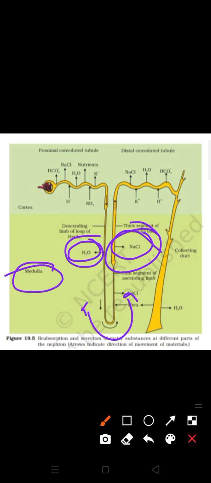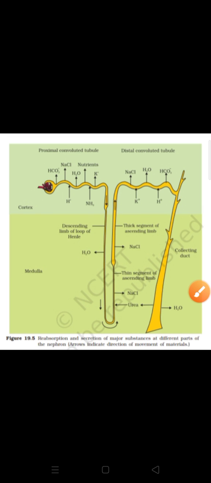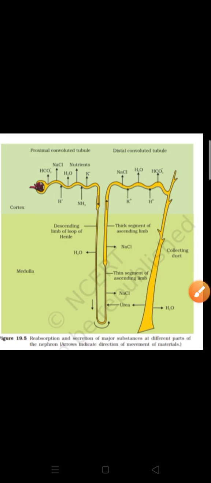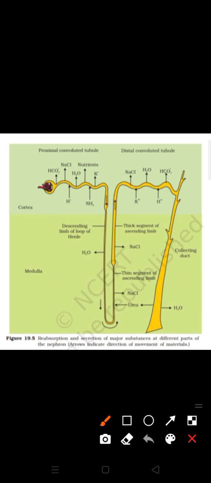As the concentrated filtrate passes upward, it gets diluted due to the passage of electrolytes to the medullary fluid. Here the medullary substance is absorbed. Because of this, the concentration of this material is maintained by the medullary fluid.